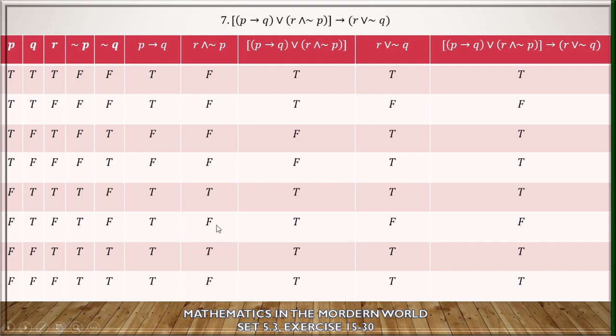So there are only two rows that are false. The last one is the conditional of these two. So true, true is true. True, false is false now. False, true is true. False, true is true. True, true is true. True, false is false. True, true is true. True, true is true.